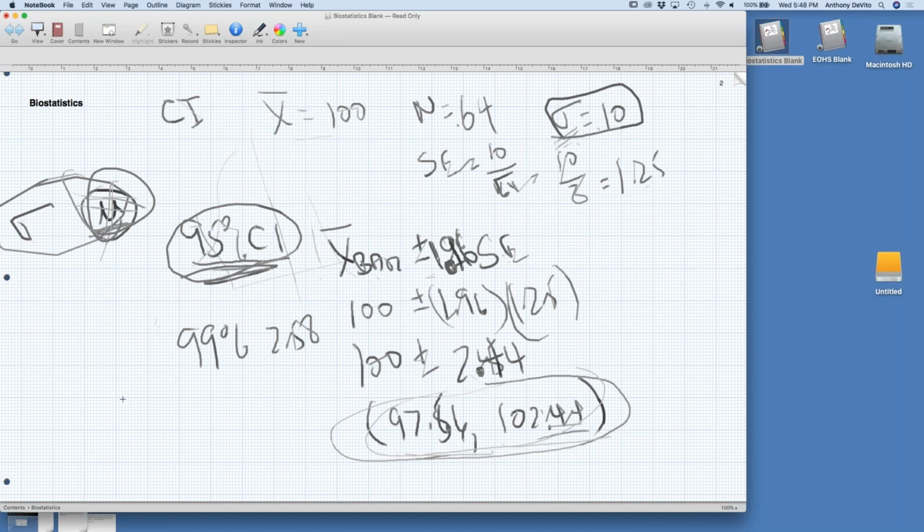So it's going to be x bar plus or minus 2.58 times the standard error. And again, that would be 100 here, plus or minus 2.58 times 1.25. And you can see that's going to give you a wider range, justifying that higher level of confidence that you're going to capture that mean. Well, that makes some sense, right?